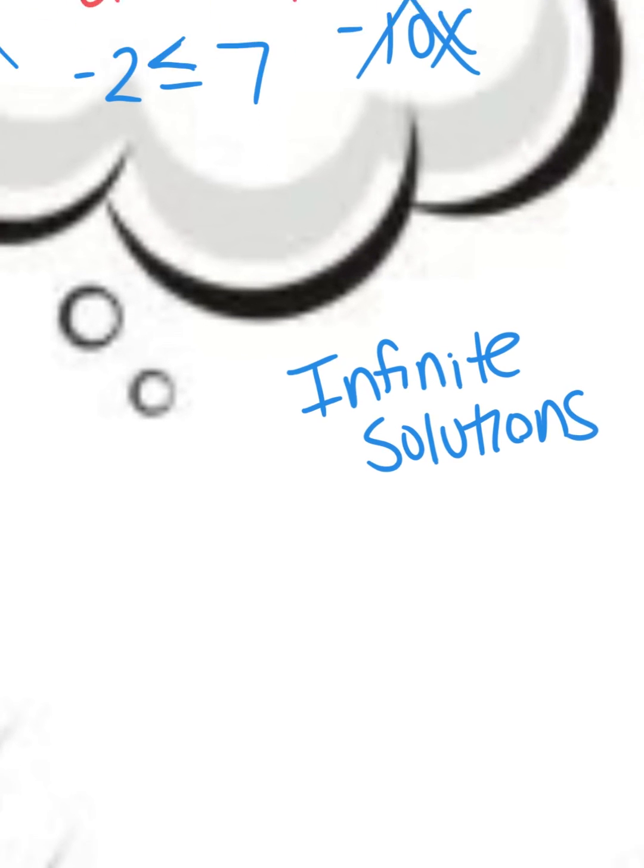Be careful on questions like this. Let's say the variables went away on both sides and you were left with something like this: 4 is greater than or equal to 4. You'd have to ask yourself, is that true? And you would say yes, because it says or equal to.